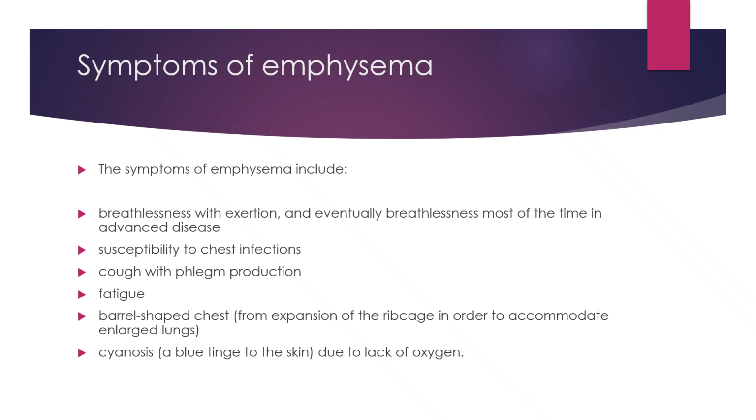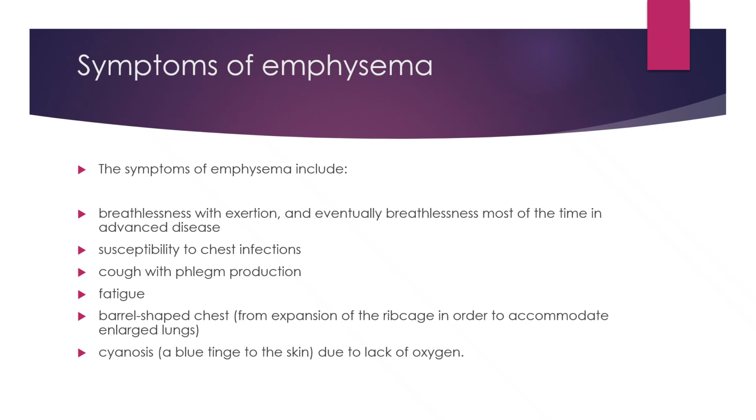This takes place due to expansion of the rib cage in order to accommodate the enlarged lungs. Finally, the person will develop a bluish tinge called cyanosis due to deoxygenated blood, which takes place due to lack of oxygen as the lungs are not functioning properly.